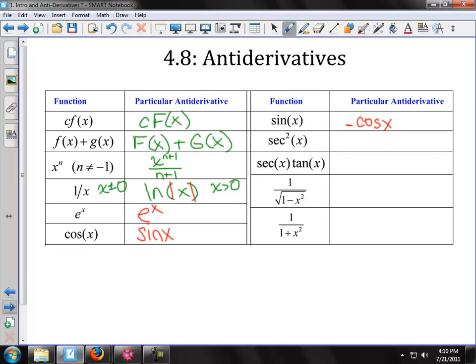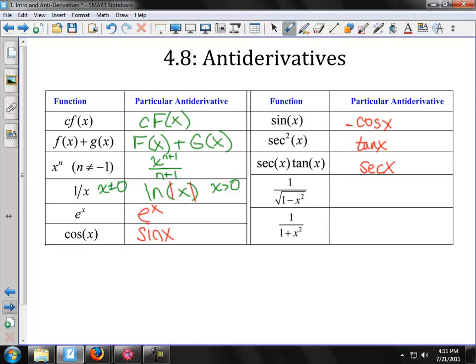The antiderivative of secant squared is tangent, because the derivative of tangent is secant squared. Similarly, the antiderivative of secant tangent is secant. The derivative of secant is secant tangent. Now, these last two you might not recognize, but these are examples of some of the inverse trig function derivatives that you've seen before.